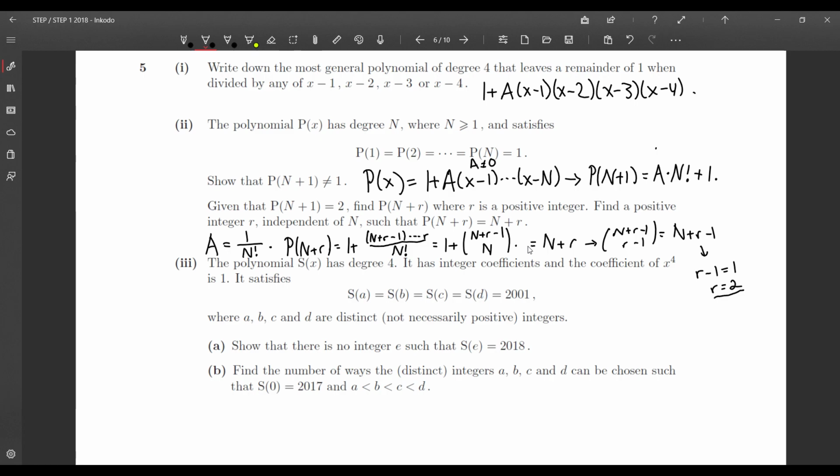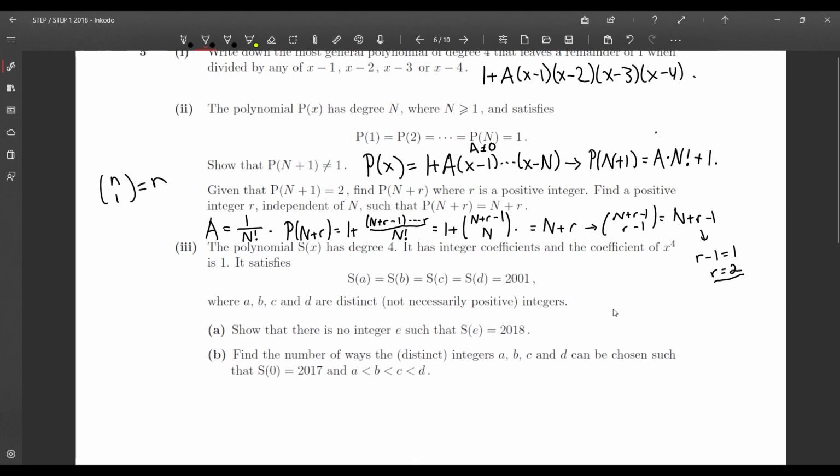Yeah, so essentially these binomial coefficients satisfy this relation. So if r minus 1 is 1, then we have this. So that's pretty nice.